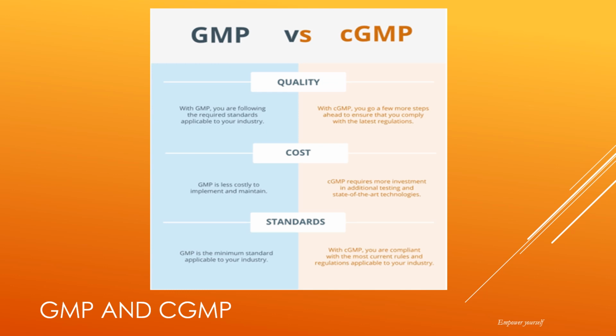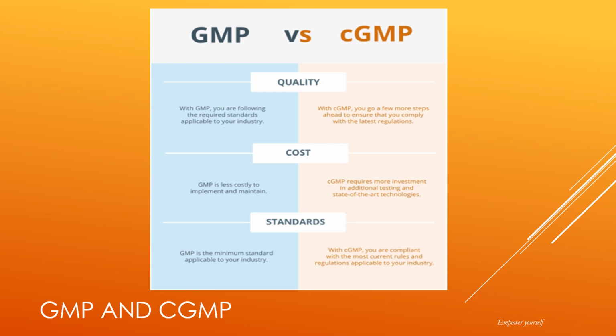When it comes to cost, GMP is less costly to implement and maintain. cGMP requires more investment in additional testing and state-of-the-art technologies.